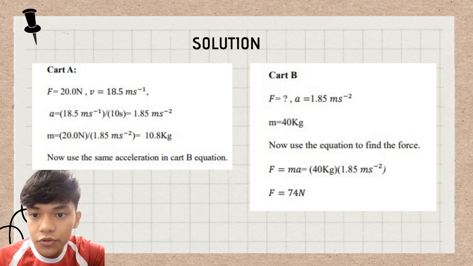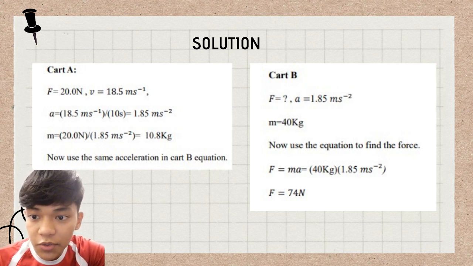In order to use the F equal to ma equation, you need to convert the kilogram to mass. So 20 Newton divided by 1.85, which is the acceleration, equal to 10.8 kilogram.